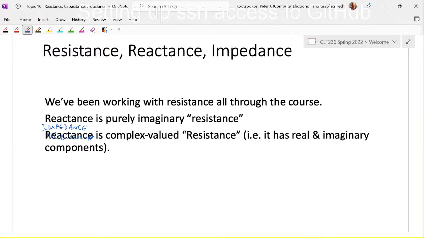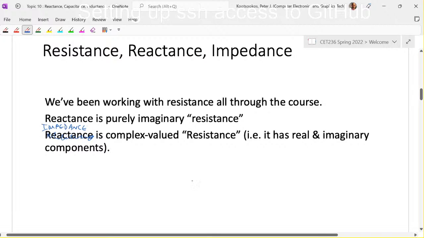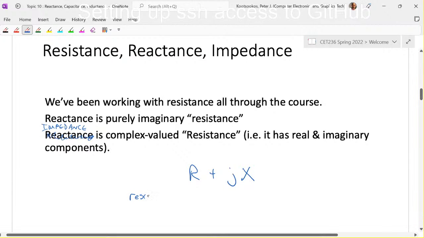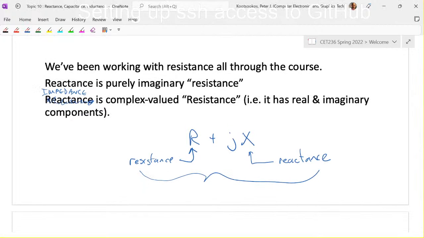So, as I said, we're going to start using complex valued impedances, and I'm going to start referring to this part of the complex value as the resistance, and this part of the complex value as the reactance. And together, they're the impedance.